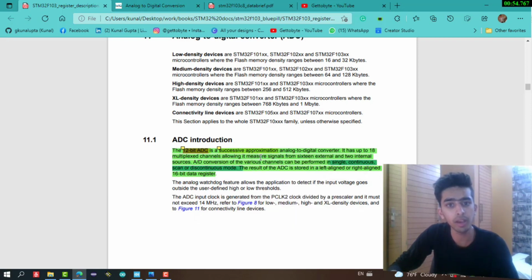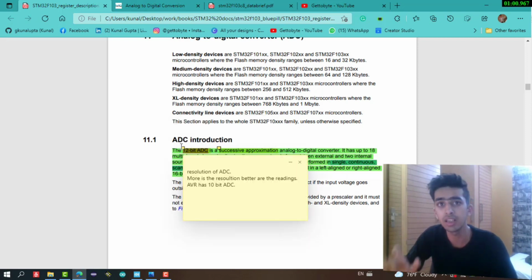Most of the microcontrollers have the successive approximation. 12-bit is the resolution of our ADC, that is the number of bits up to which an analog value will be converted to digital in binary format. So the more the resolution, the more the number of bits, and the more the accuracy and the better values we get on the ADC.